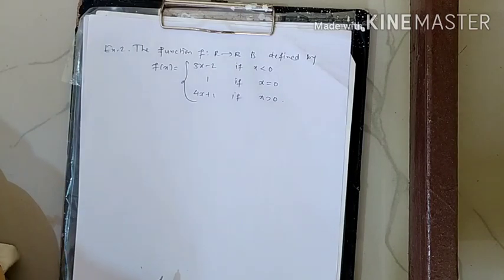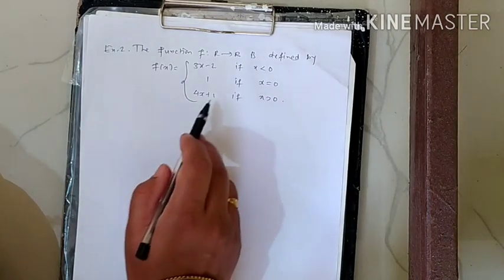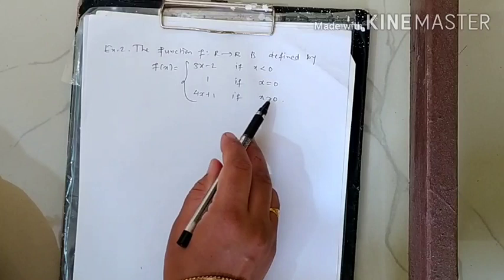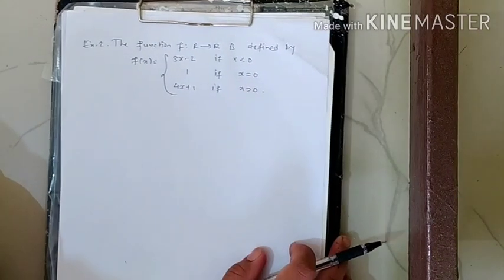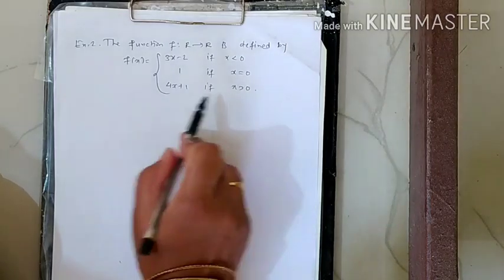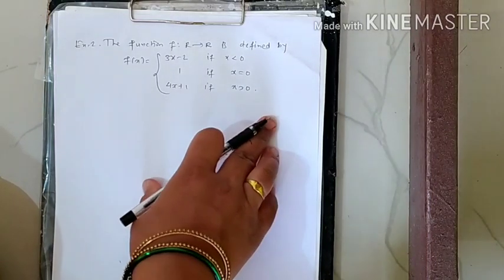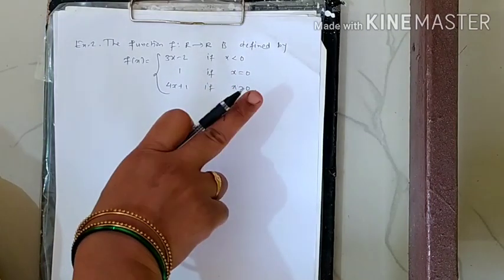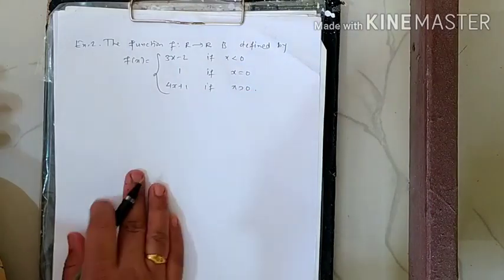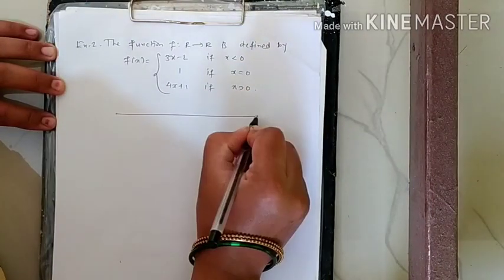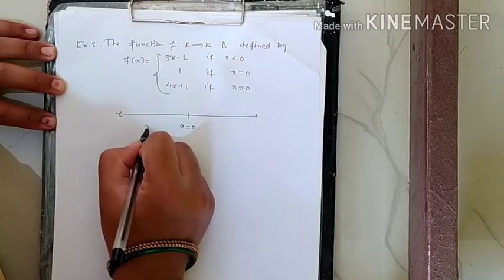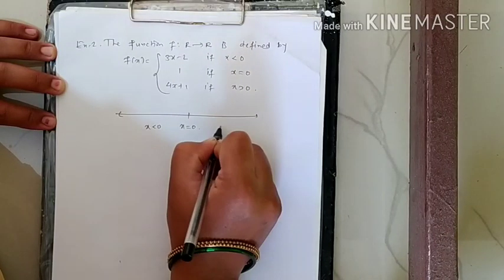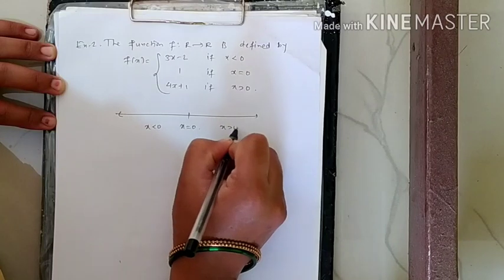Now we have here the x equal to 0 point they have considered, and for this point we have 3 expressions: for x less than 0, for x equal to 0 and x greater than 0. So here we can draw a real number line. On this we can mention x equal to 0 part, x less than 0 and x greater than 0.